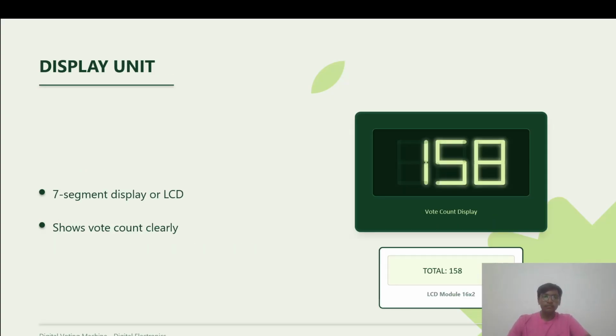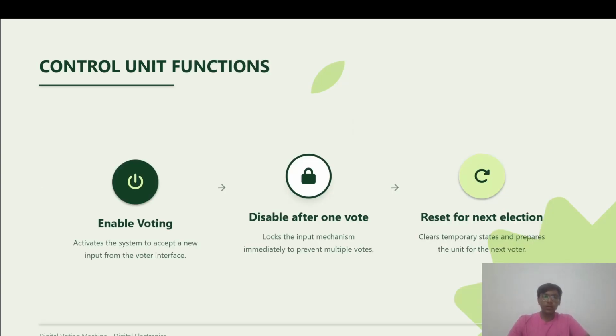Display unit. The display unit shows the result. It can be a 7-segment display or an LCD display. It shows the number of votes clearly, so results are easy to understand. Control unit functions. The control unit is the brain of the system. Its functions include enabling voting, allowing only one vote per person, disabling input after one vote, and resetting the system.